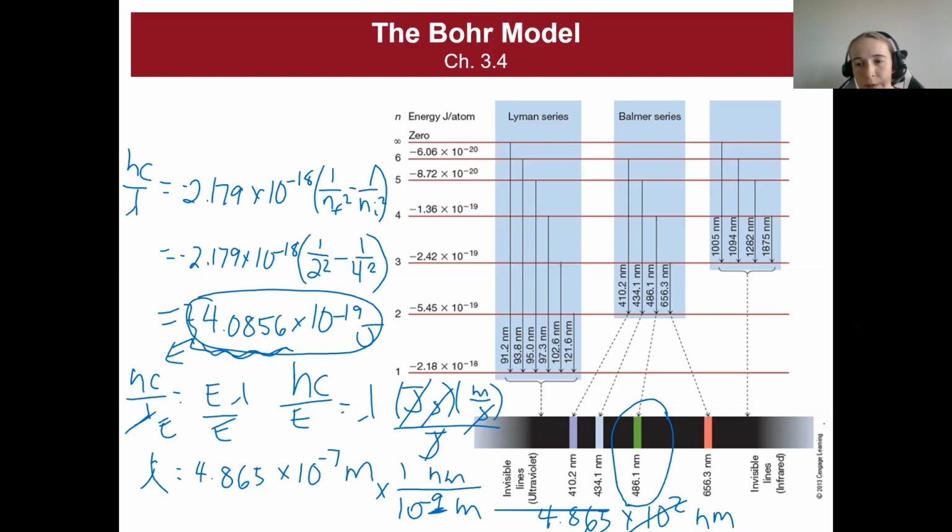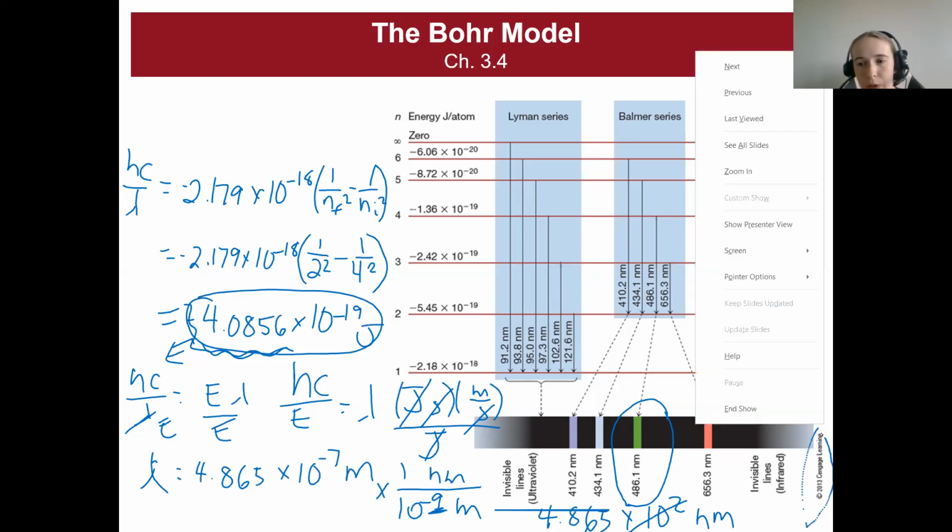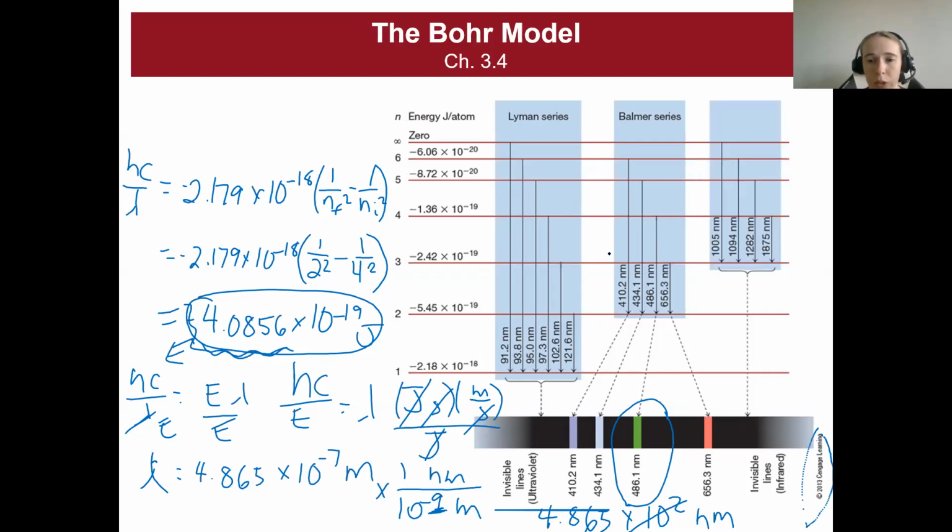This image is actually from a Cengage textbook that I used last semester. So I apologize for the confusion, but for whatever reason, that previous textbook had the cyan line, which became green in their textbook, which is wrong.